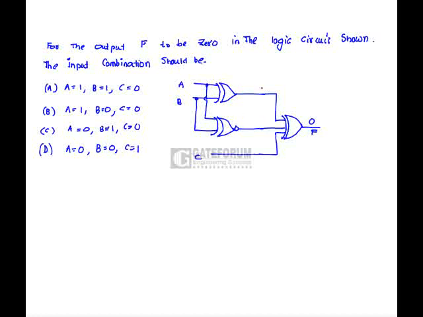That means these two points are always opposite: if one is 1 the other is 0, either 1 or 0 or 0 or 1 is possible. These two inputs cannot attain the same value. Again, all three inputs contain an even number of ones, so C has to be 1. Hence option D is the only possibility.